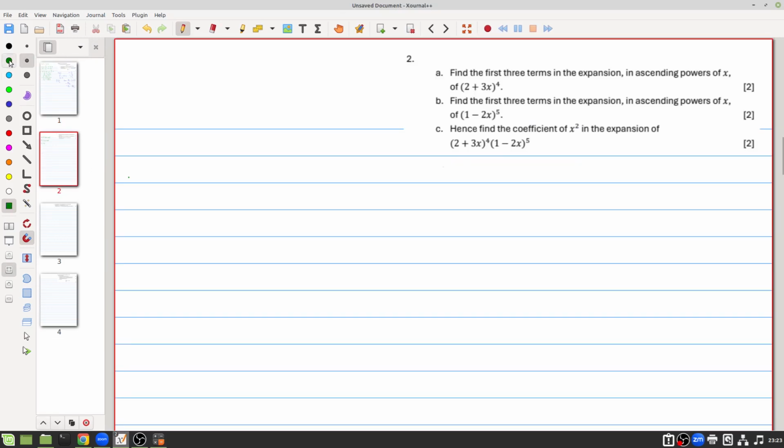Question 2. Find the first three terms in this expansion in ascending powers of x. Okay, so remember this formula.